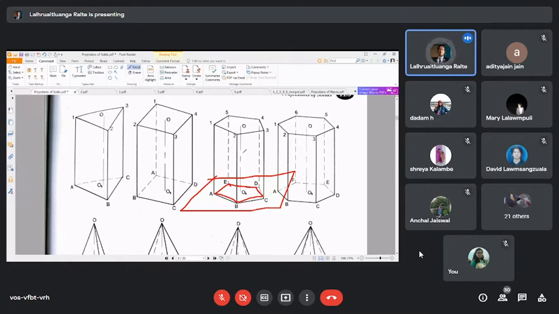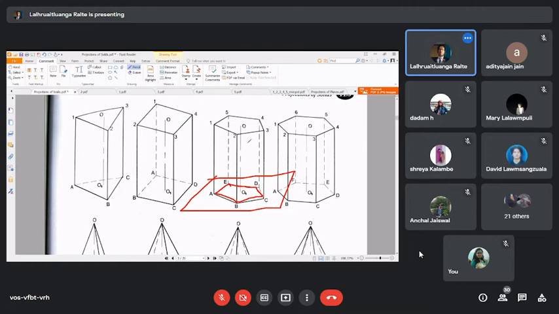Okay, so now in the sleeping position, the base is going to be parallel to the VP and the axis is going to be perpendicular to the VP, which is now our current condition. So when you let that sleeping pentagonal prism float above the horizontal plane, then one of the rectangular faces of the prism is going to be parallel to the horizontal plane.